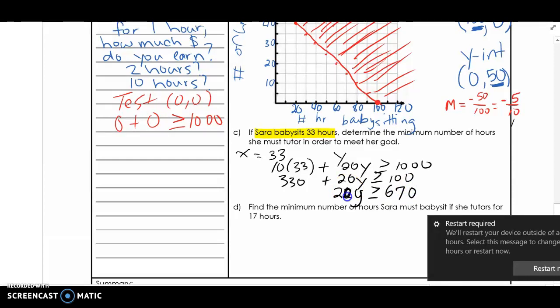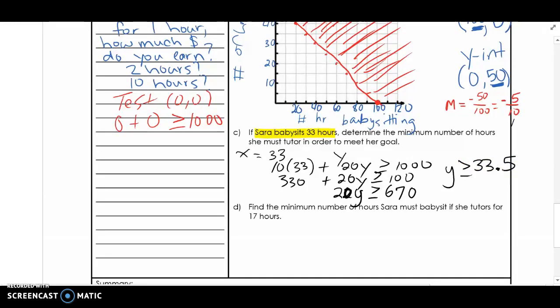Divide both sides by 20, and we get y would have to be greater than or equal to 33.5. So she needs at least 33.5 hours of tutoring if she's going to babysit only 33 hours.